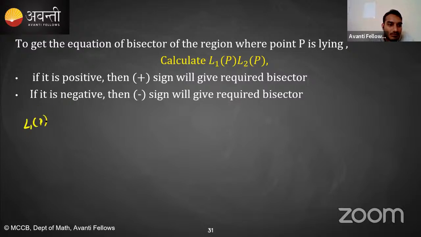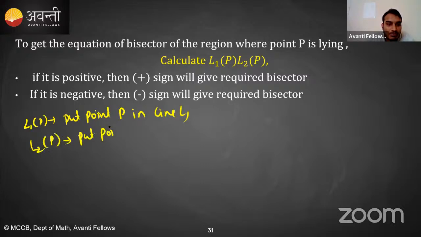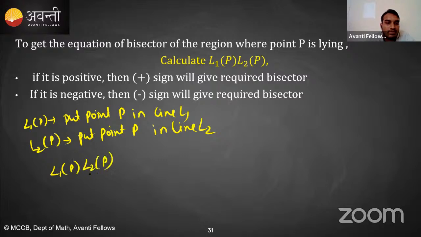Same as what I was saying in family of lines, in position of a point, put point P in line L1. What is L2P? Put point P in line L2. Okay. So now calculate L1P into L2P. Clear?